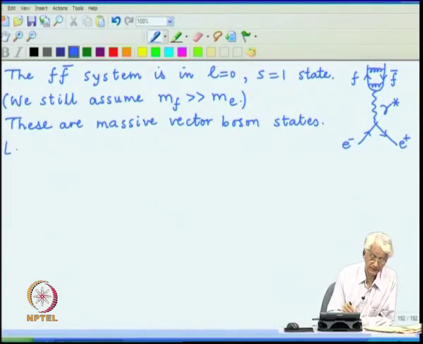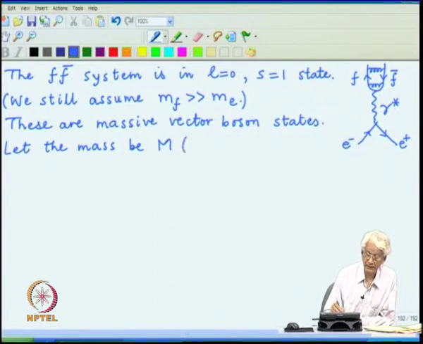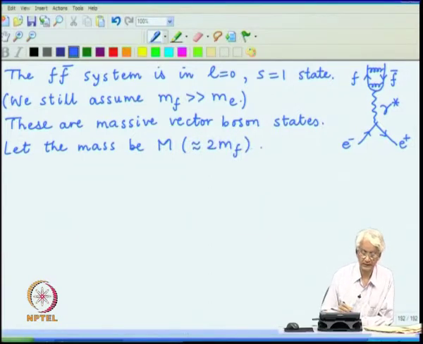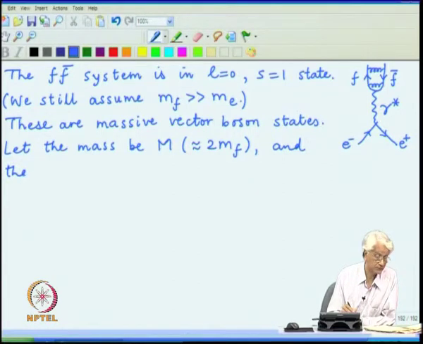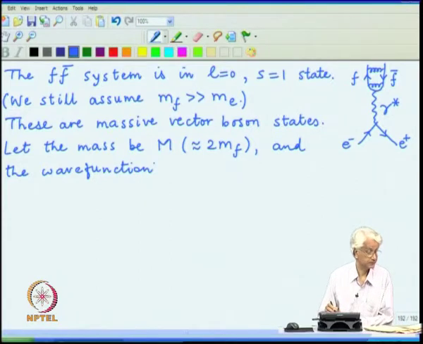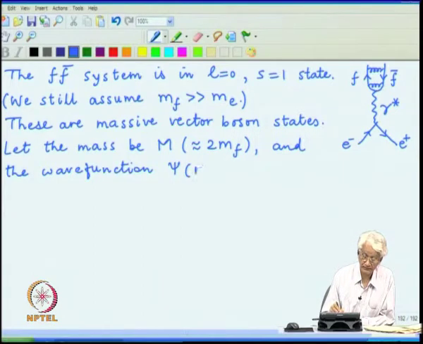So, let the mass be m, and since we are non-relativistic, this m is approximately 2 times the fermion mass, and the wave function psi of r.